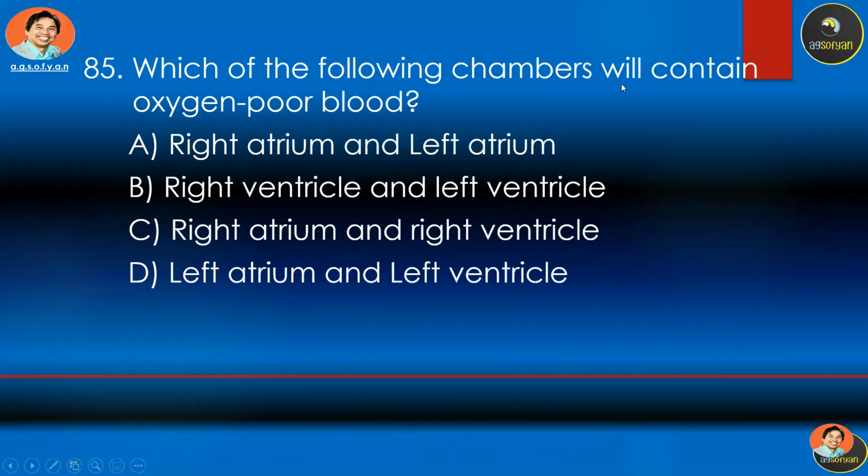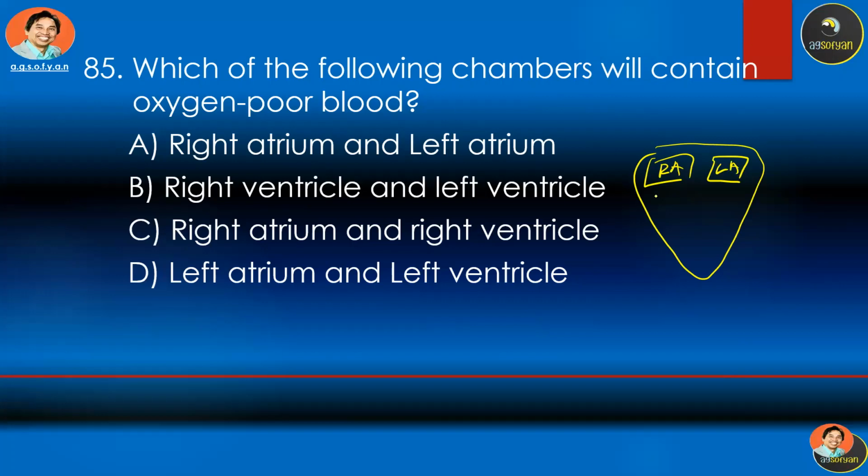Which of the following chambers will contain oxygen-poor blood? A, B, C, or D? Okay, so from these 4 chambers, the top one is right and left atrium. The bottom one is right and left ventricles.